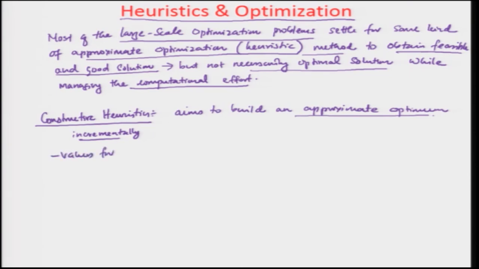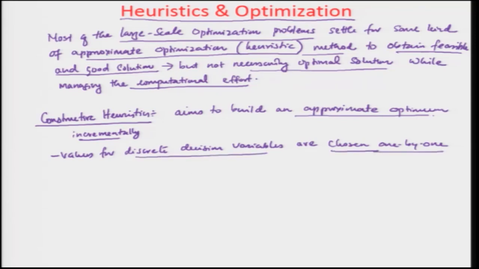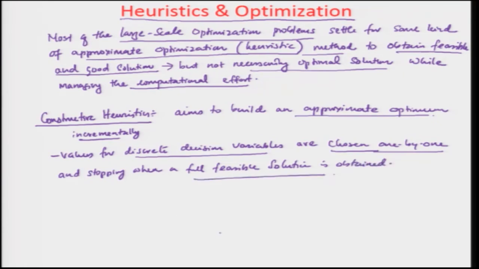Values for discrete decision variables are chosen one by one, and you stop when a full feasible solution is obtained. As soon as you get a full feasible solution, you stop.